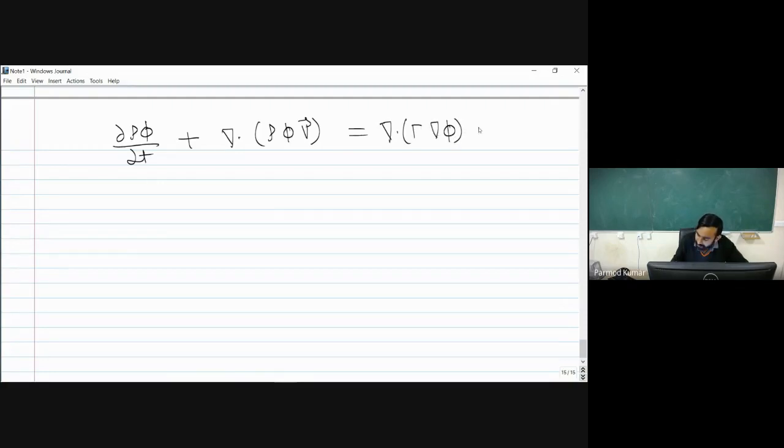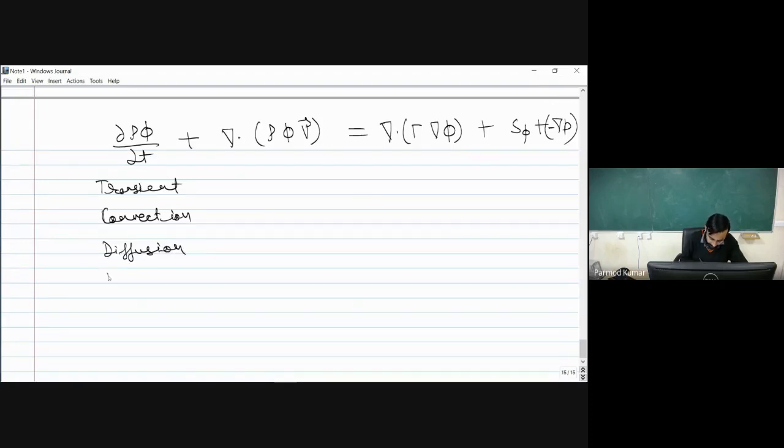In the Navier-Stokes equation we have an additional pressure gradient term, the negative gradient of P. So in our equations we have a transient term, a convection term, a diffusion term, a source term, and a pressure gradient term.